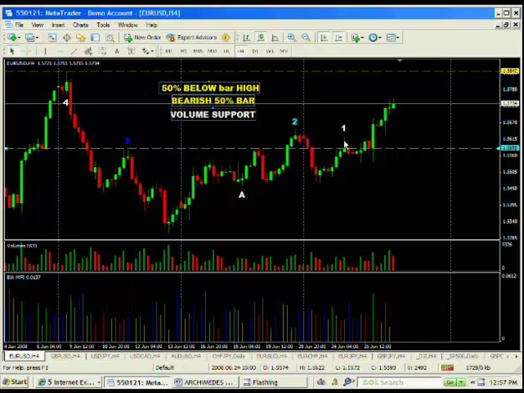We want to see higher volume on the bearish 50% bar. We want to see it close below that 50% mark on higher volume or on operator participation. Again, volume support, or volume confirmation.